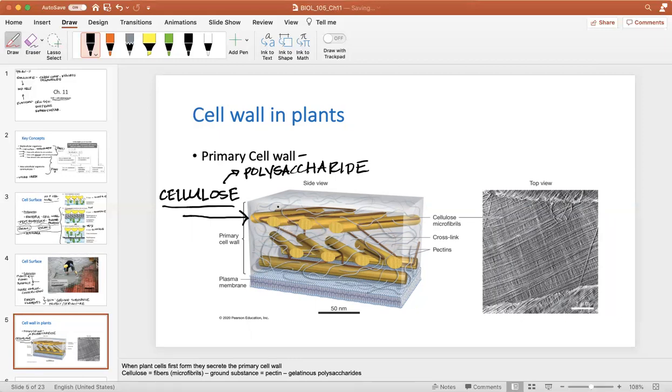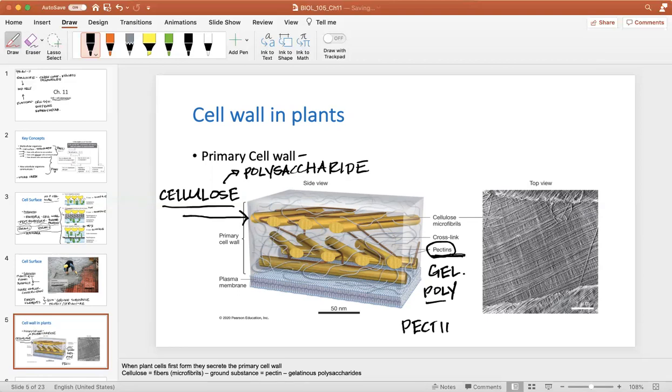Now, these fibers are embedded in a ground substance, just like we talked about. This ground substance is another gooey sugar. It's a gelatinous polysaccharide. So I'm going to put gel, and then I'm going to put poly for polysaccharide. And you may have heard of this one before. This substance is called pectin. I'll write it down here to give you a chance to write it.